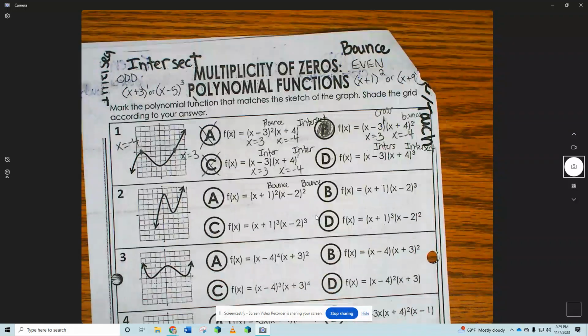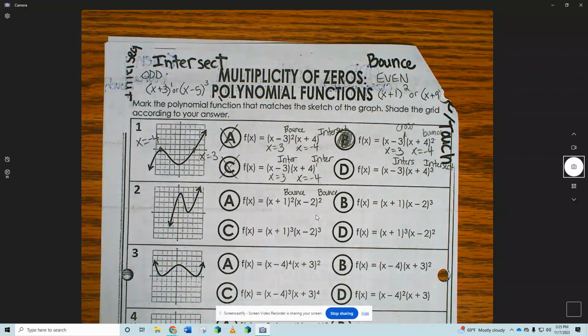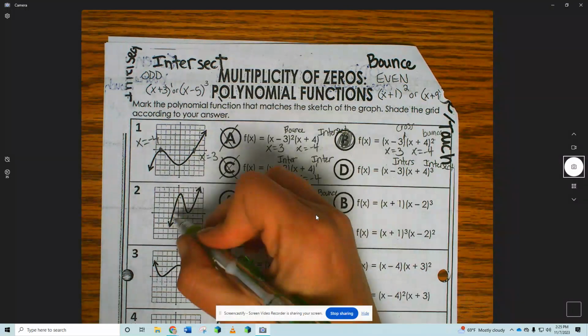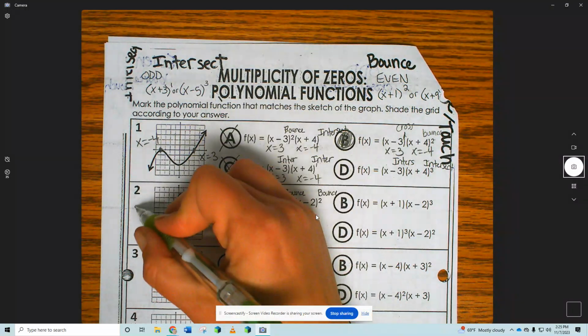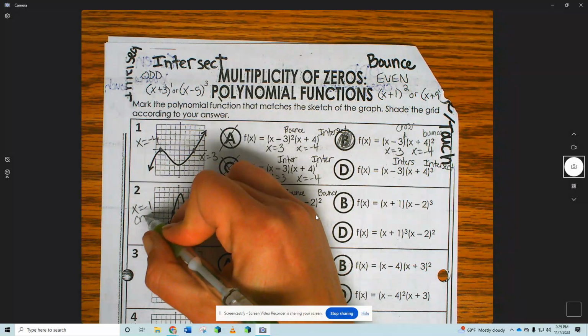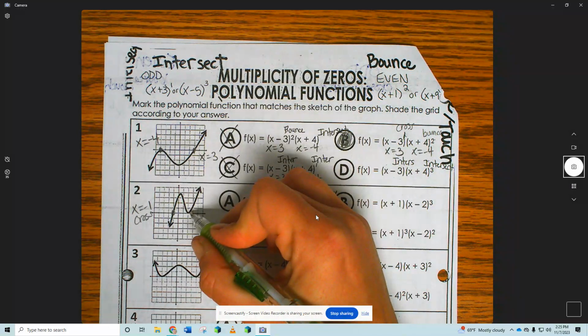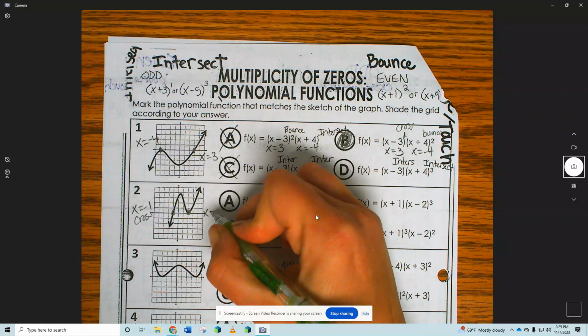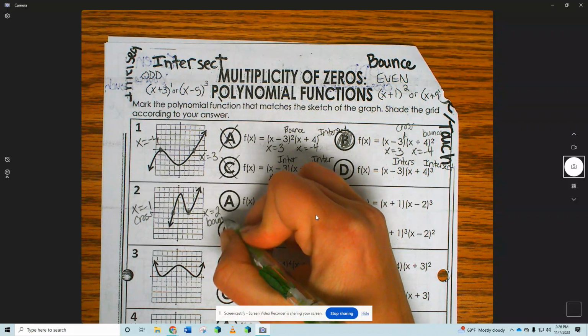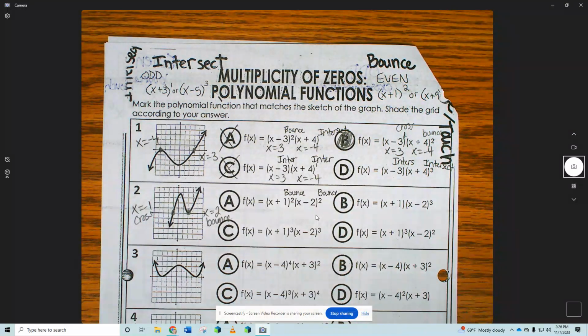Go to number 2. At -1, it crosses. At 2, it bounces. Okay? So I need to look here. I only did a couple, but I want there to be a cross at -1 and a bounce at 2.